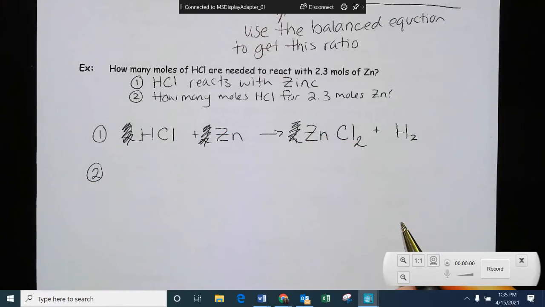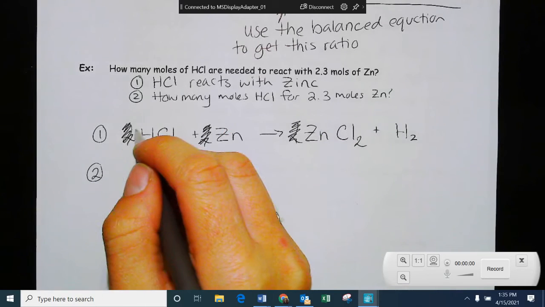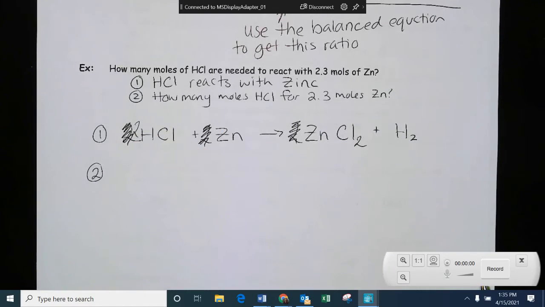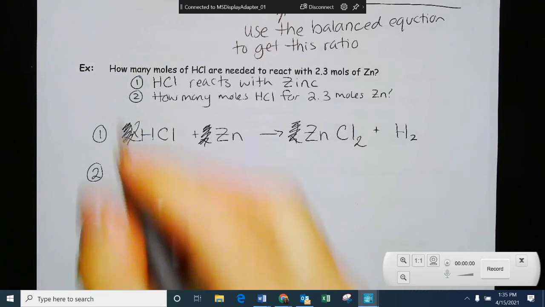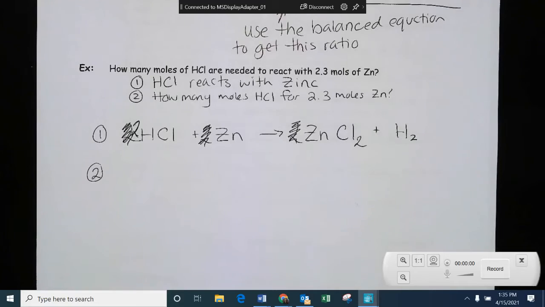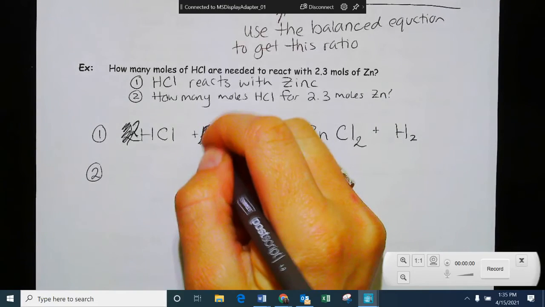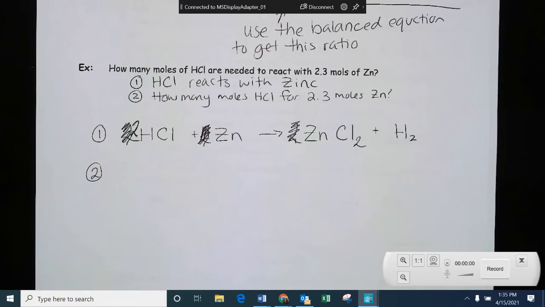Right. It just needs a 2 here. Oh, there we go. That was very, very easy. Okay, thank you. Cool. So, change it. 2 hydrochloric acids to 1 zinc. Now it's 1 to 2.